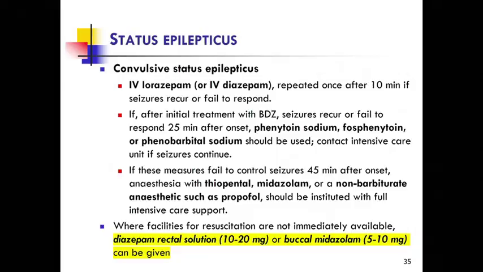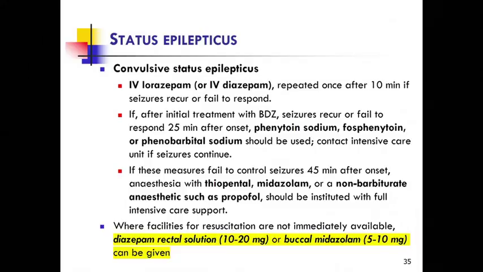Okay? If that doesn't work either after 45 minutes, then the final solution is to put the person in general anesthesia. That would be the last stop. Suppress the whole brain activity. This can be done with thiopentone, midazolam, or propofol.